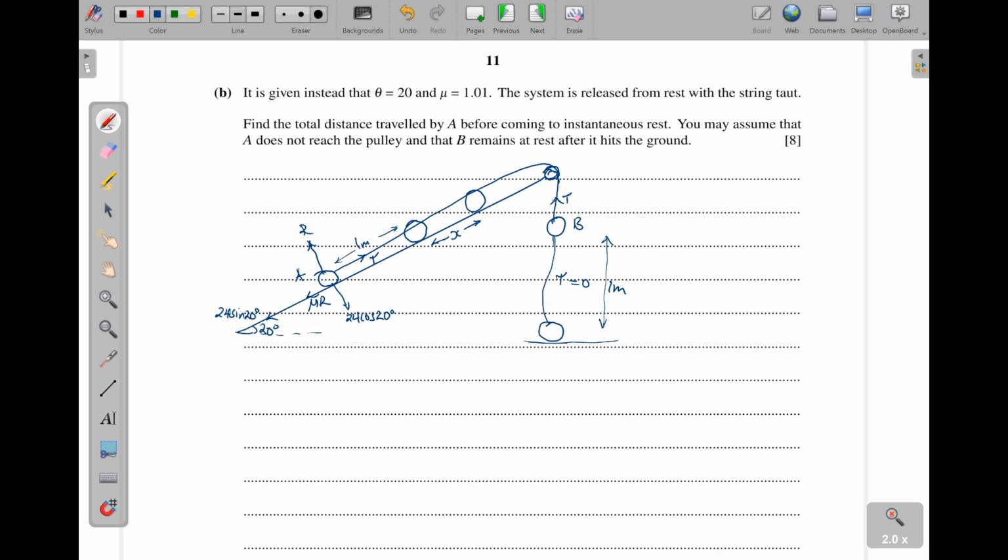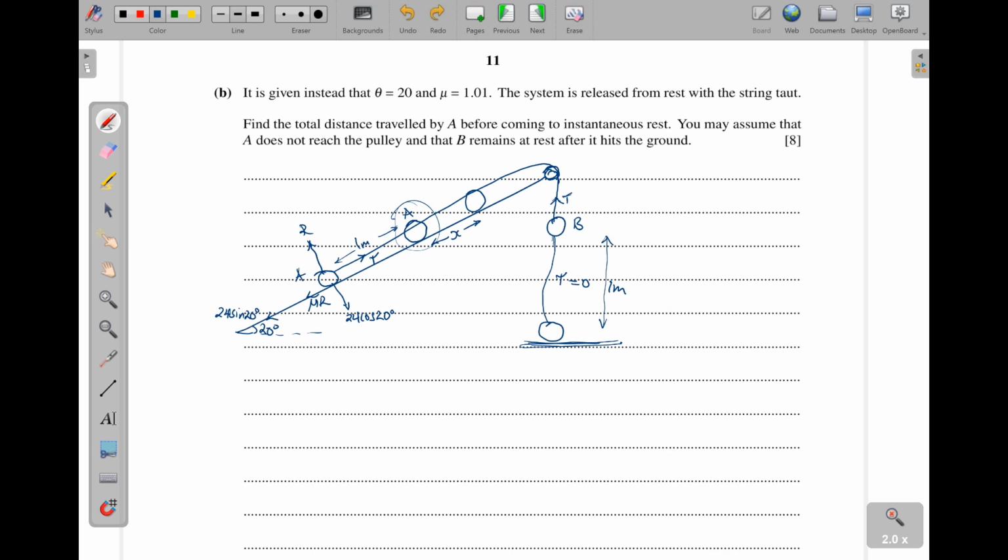Now that means we need to find the acceleration for the first movement here. After finding that acceleration, we need to then find the speed with which B hits this ground here. It will be the same speed with which A is moving when it reaches here. Then that acceleration we are getting is the one which helps us to find the speed here.